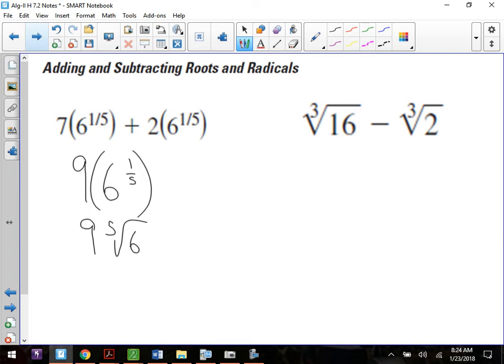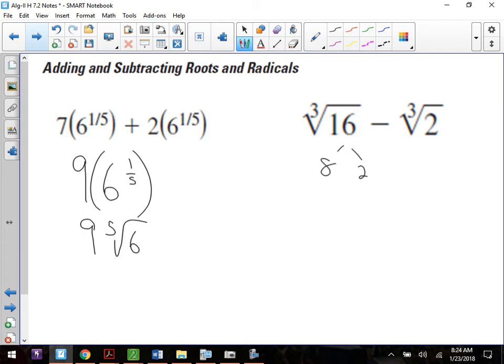And the other one's very similar, but what do you have to do first? You're right. If I take the cube root of 16, what do I get? 2 cube root 2. You were on the right track, because remember, this has an 8 and a 2, and I can take the cube root of 8.